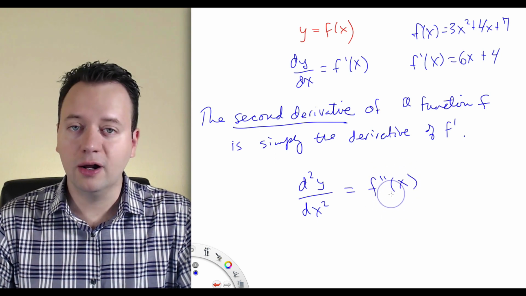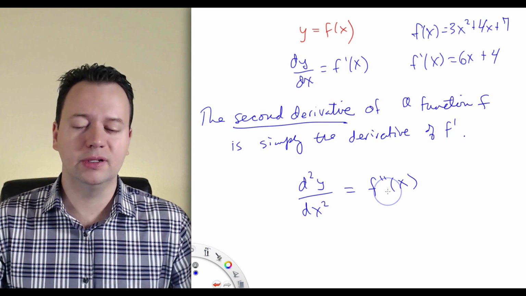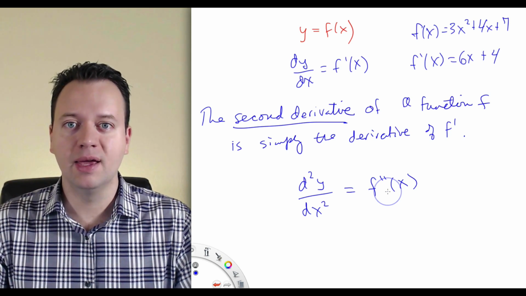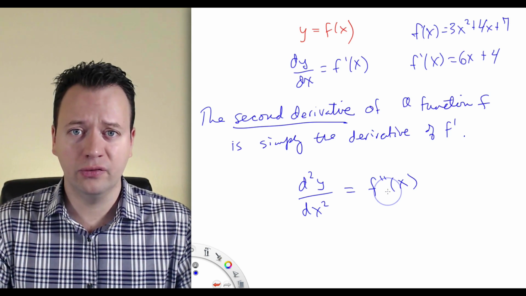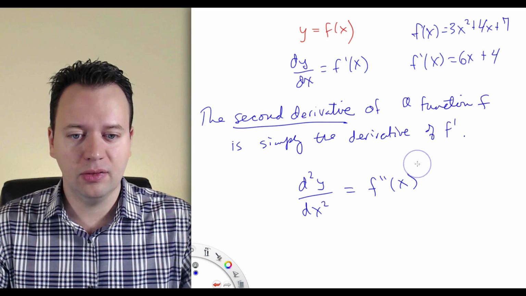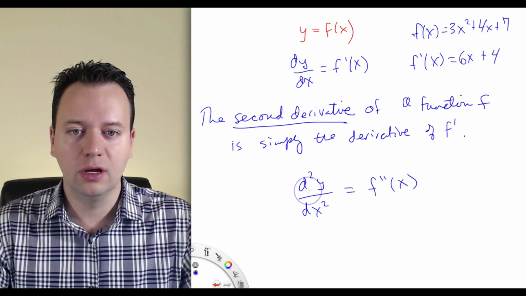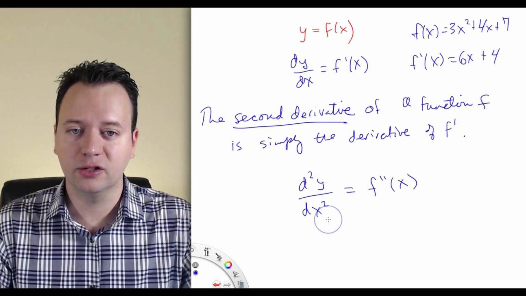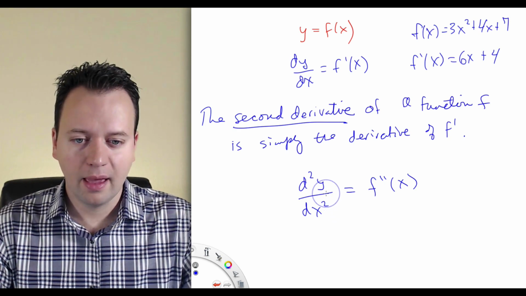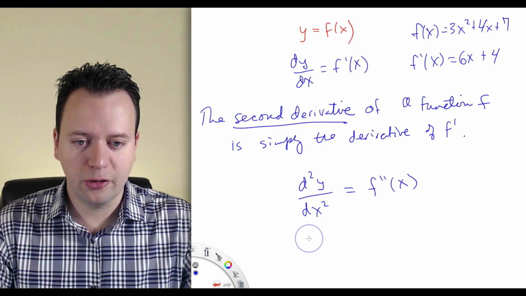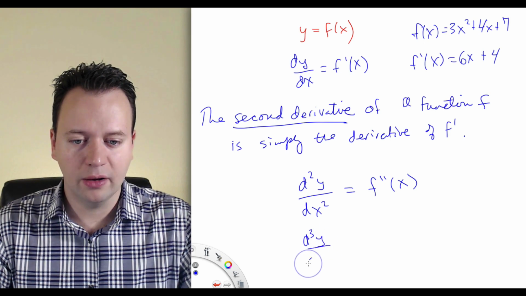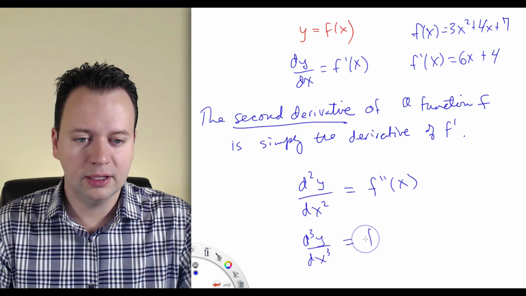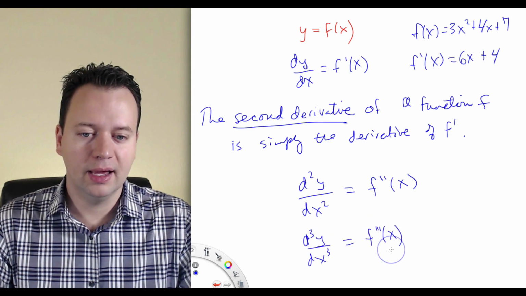So in the Lagrange notation, we just add a prime. So instead of f prime, it's f double prime. And that's the second derivative of the function f. And then in the Leibniz notation, we would say d squared y over dx squared. And then if you have a higher derivative, a third derivative, it's d cubed y over dx cubed is equal to f triple prime of x, and so forth.